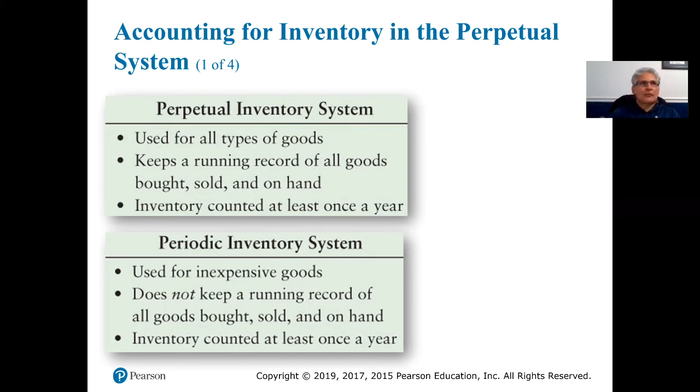Things are updated in real time. As products are sold and going out the front door, the customer brings the product to the cashier, who scans it. As the product is scanned, it updates the inventory records again. Real-time updates keep a running record of all goods bought, sold, and on hand. So when you think of a perpetual inventory system, think of technology.